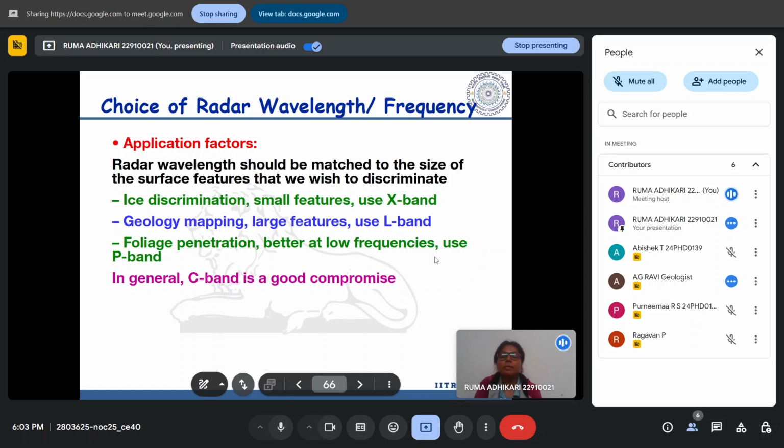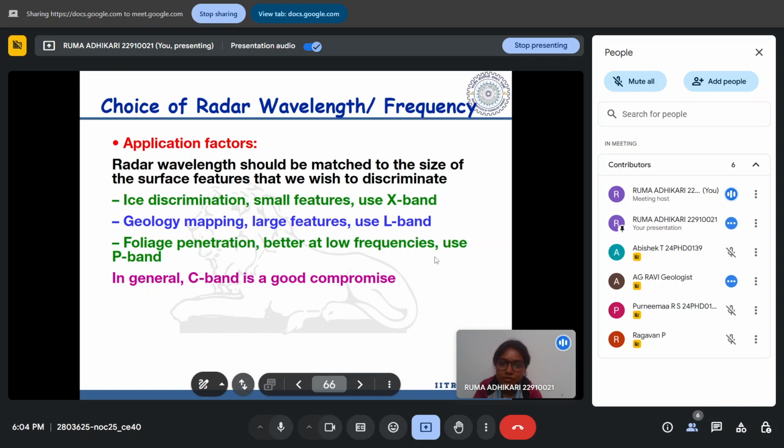So different bands also have different applications. Radar wavelengths should be matched to the size of the surface feature that we wish to discriminate. This is very important. Often we skip it. In terms of shape and size, the wavelength can capture or sense only the target which has a similar size. So for discrimination of small features like very small particles, use X band.